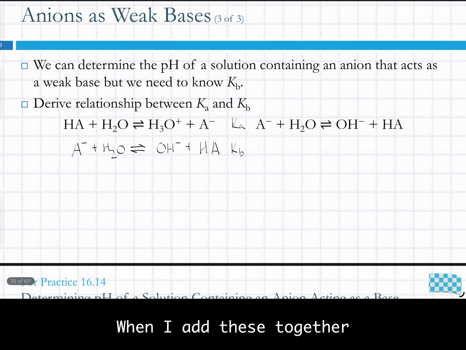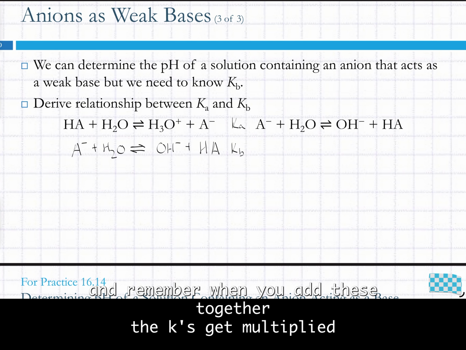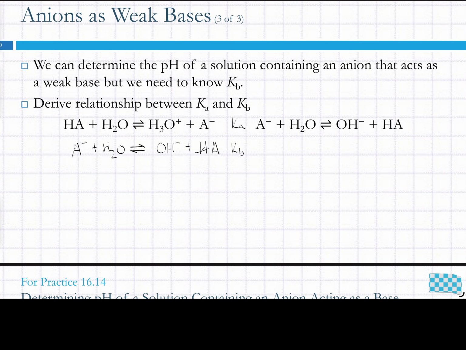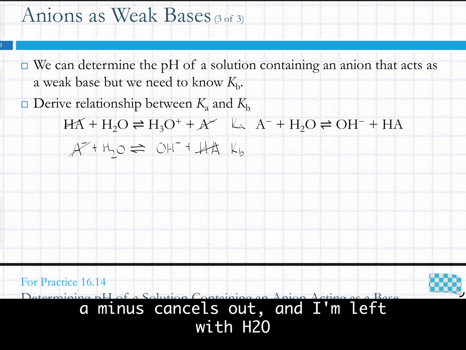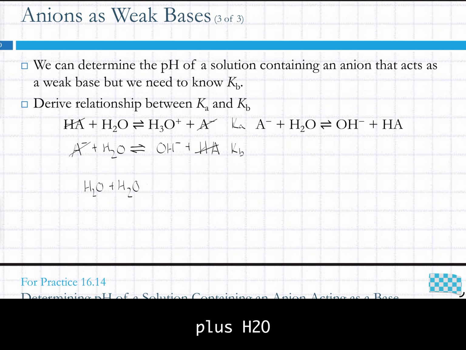When I add these together, and remember when you add these together, the K's get multiplied. HA cancels out, A minus cancels out, and I'm left with H2O plus H2O gives me H3O plus and OH minus.